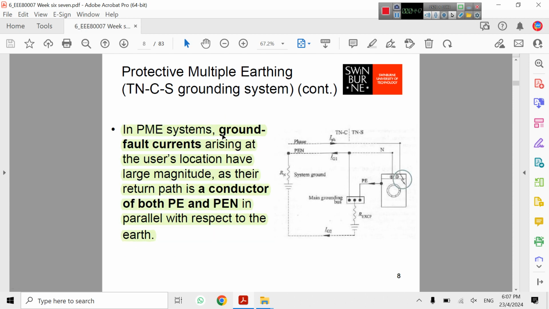In a PME system, grounding fault current arising at the user's location has large magnitude, as the return path is the conductor of both PE and PME. During a fault, the earthing resistance is a bit high, and the other return path is PEN using PE, as you can see here.